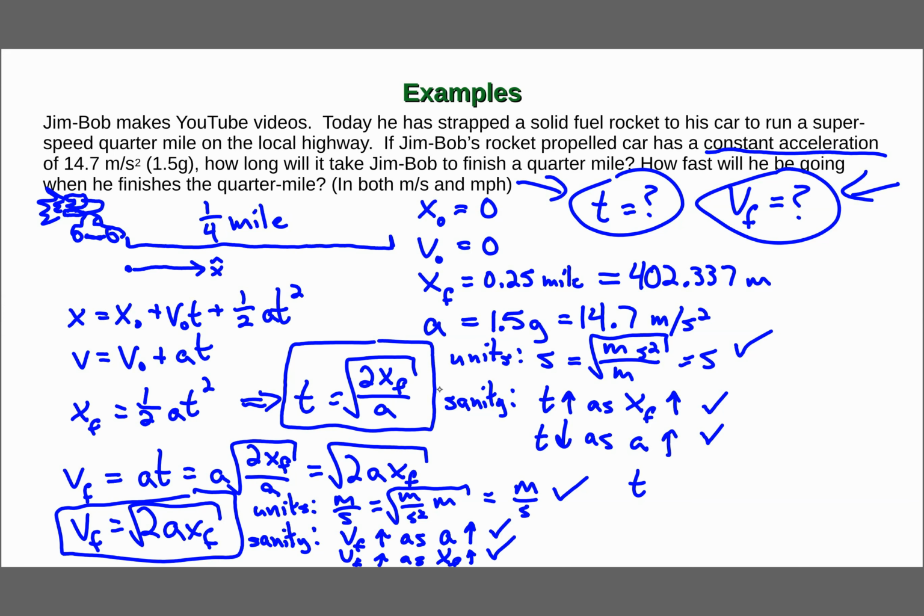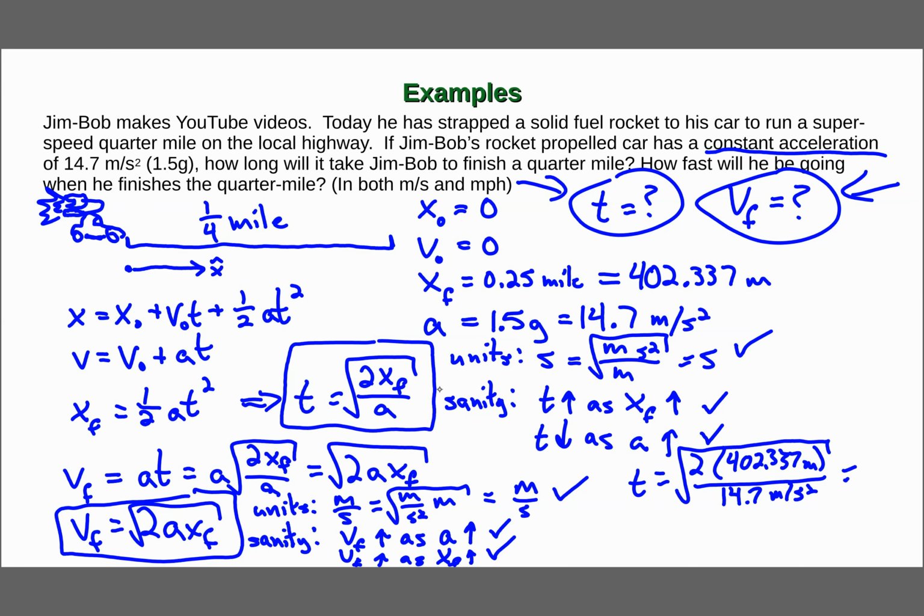So t equals the square root of 2 times 402.337 meters over 14.7 meters per second squared.